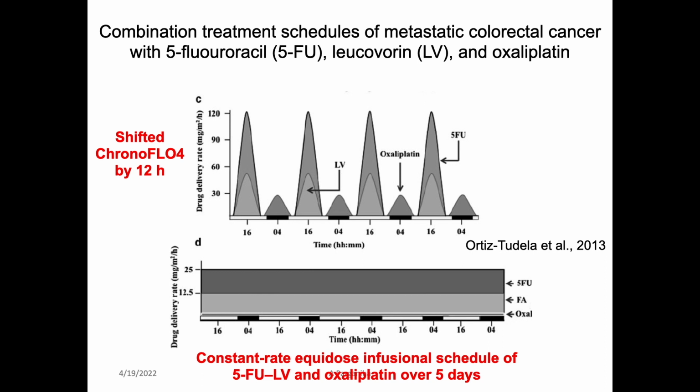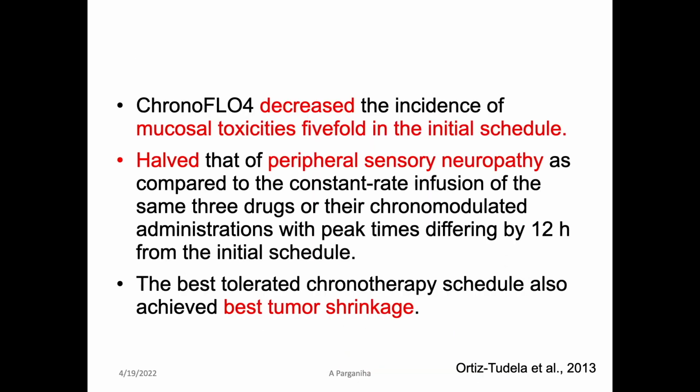By shifting the timing of the drug, what happened? Here you can see in the first schedule, where the chemotherapy was maintained as discussed earlier, with oxaliplatin at 4 p.m. and 5-FU and leucovorin at 4 a.m., this protocol decreases the incidence of mucosal toxicities 5-fold.